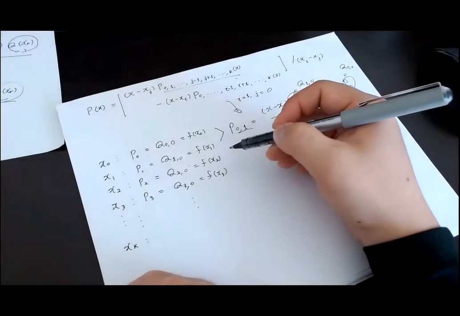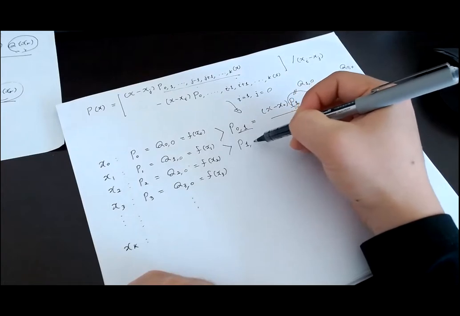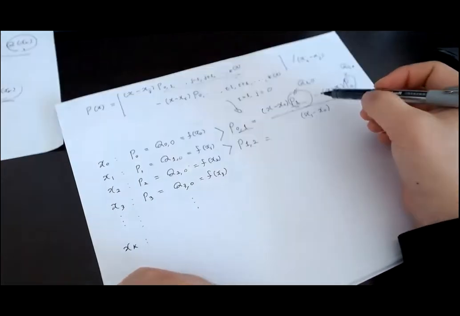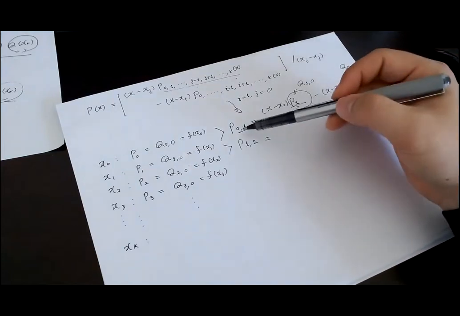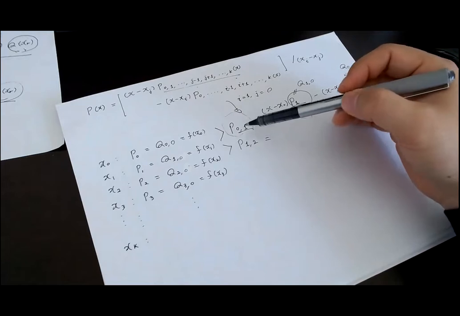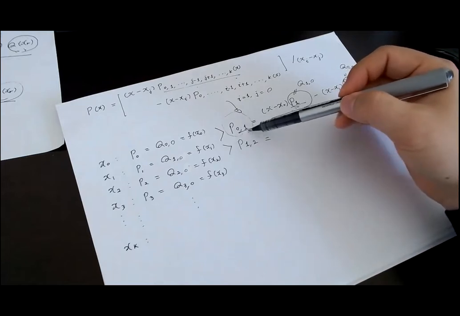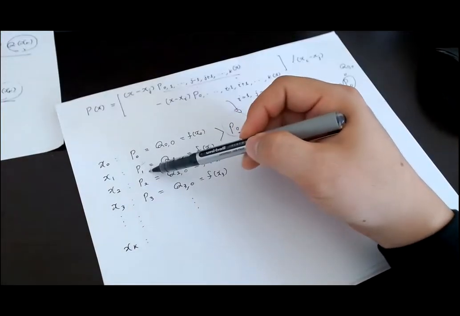All right. Now think about p1,2. We need to construct the degree 1 Lagrange polynomial interpolating f at x0 and x1 using p0 and p1.